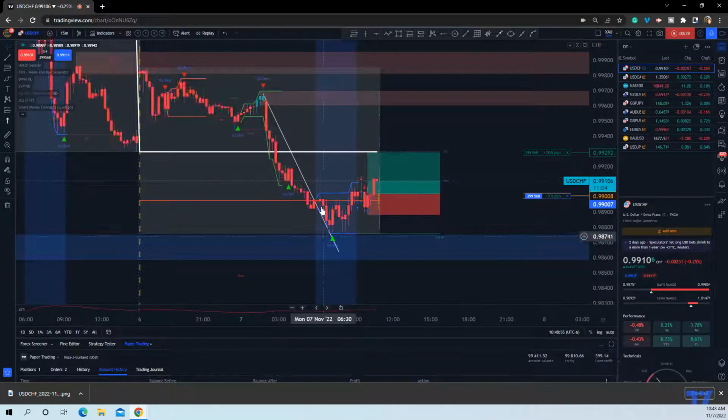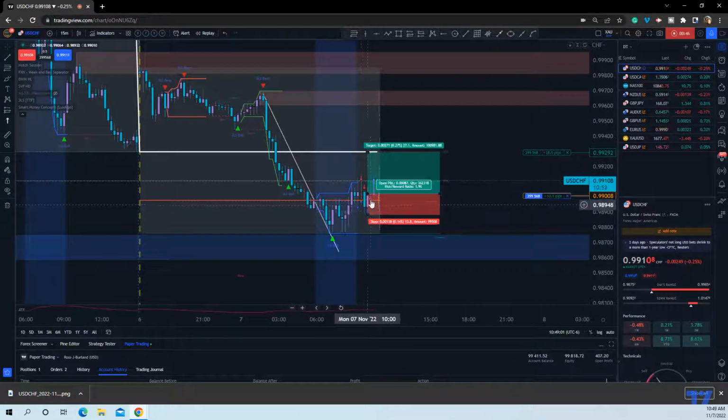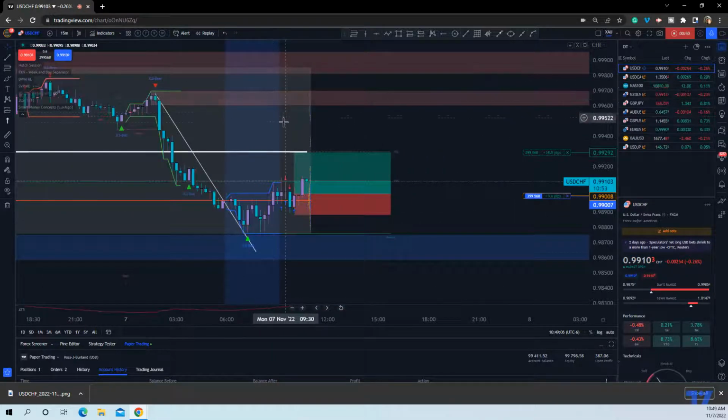So there's the W. There's the retest of the formation, and there's the subsequent rejection and move up. I actually tried to get in a couple of times over here on these wicks. They didn't pan out.